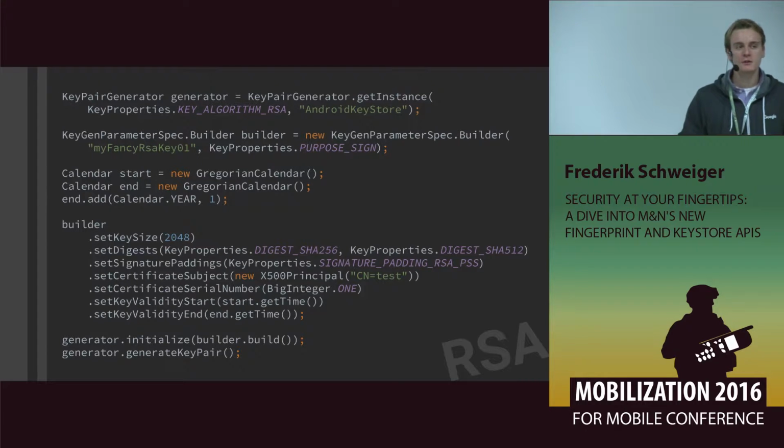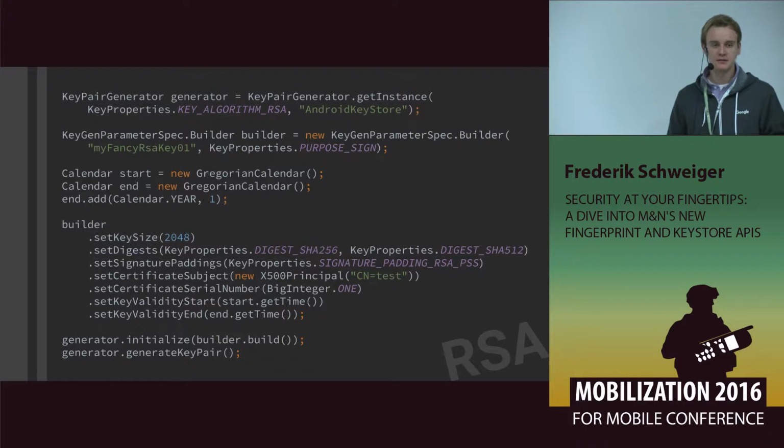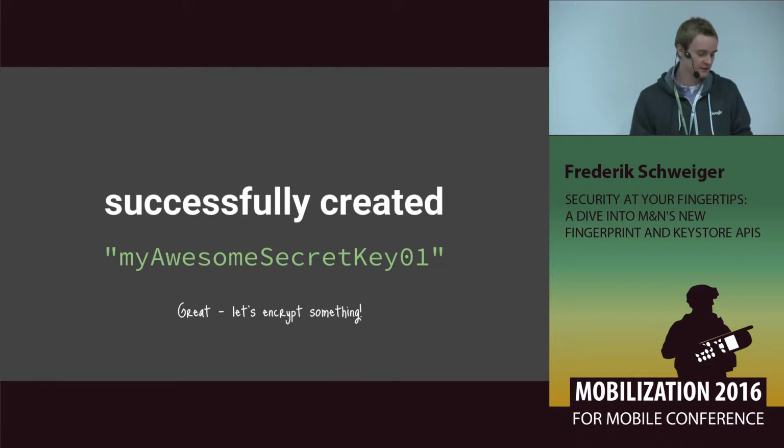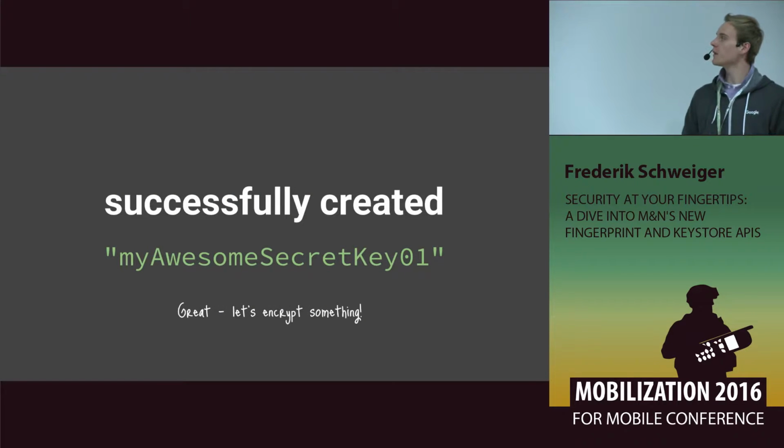And it's always possible to add your own certificate or exchange the certificate later on, so you have your company certificate or whatever. And in the end, again, generator initialize, builder build, generator generate key pair in this case. So that's it. We successfully created my awesome secret key 01, and let's start to encrypt something.